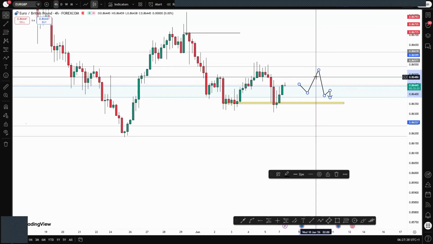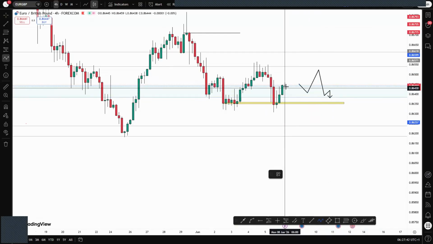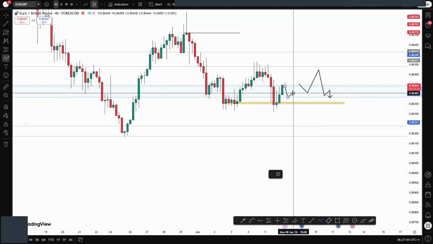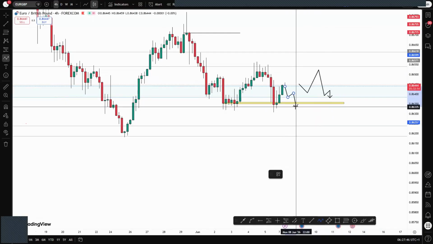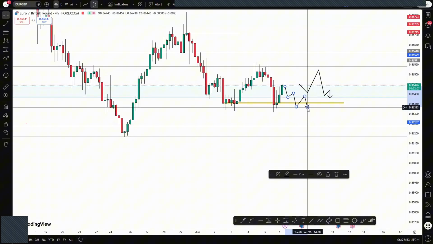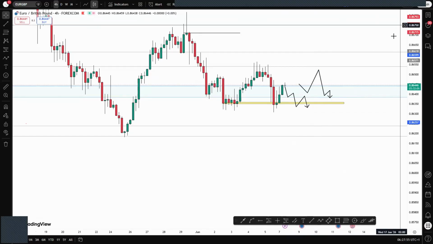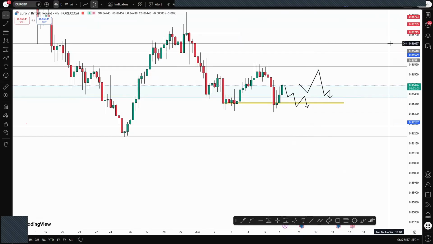Price can either do that, or price can simply break below from that point, and we'll wait for a retest there and then sell. Yeah, but we'll just see how it reacts as we approach all these sessions this week.